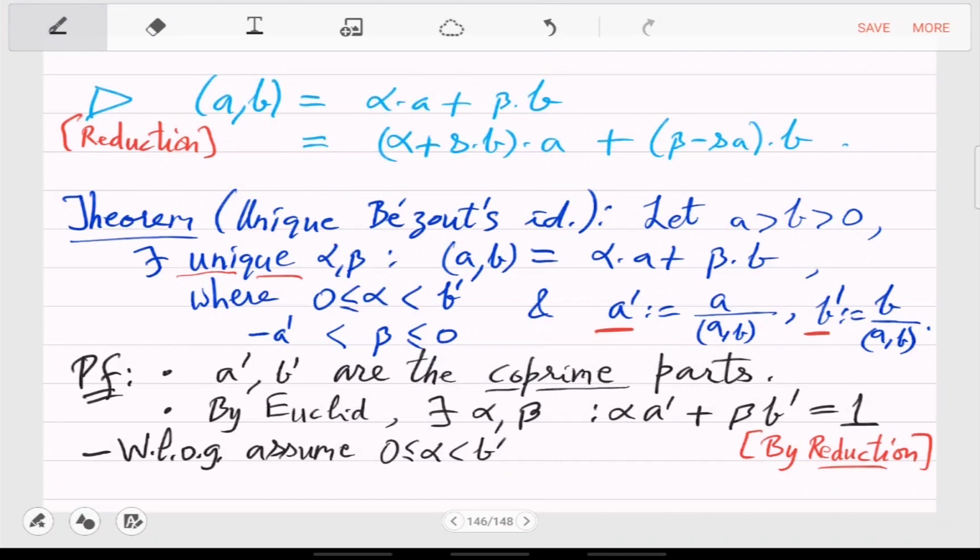And once this is small, beta B prime is then equal to 1 minus alpha A prime in magnitude, which will be smaller than B prime A prime, which implies that beta is also small.